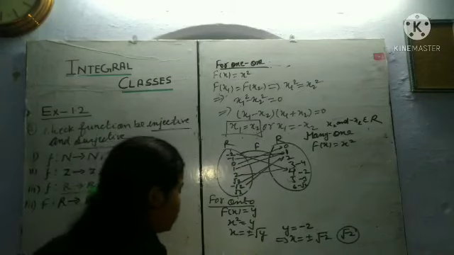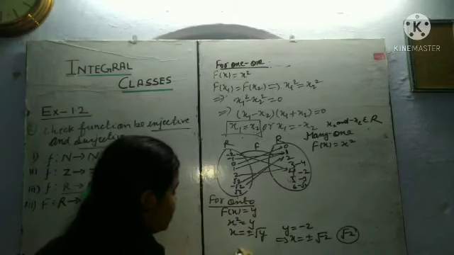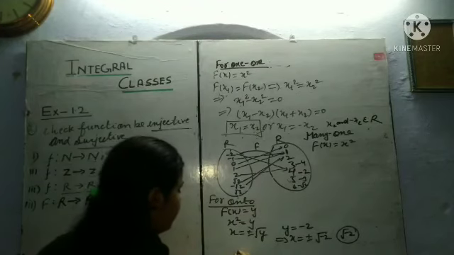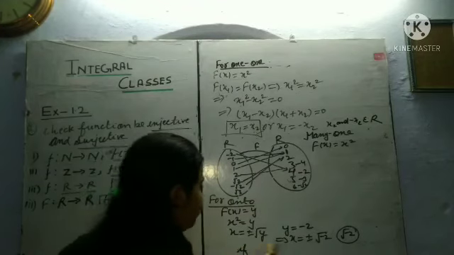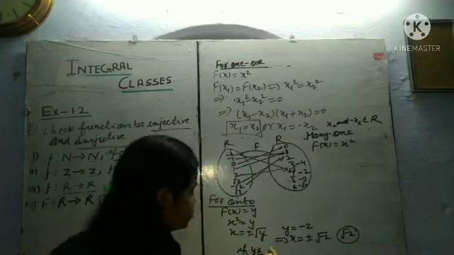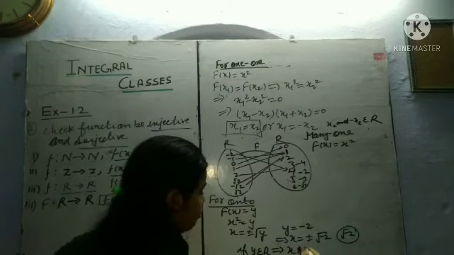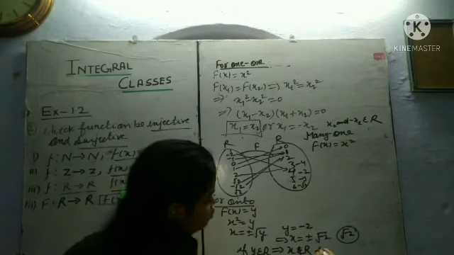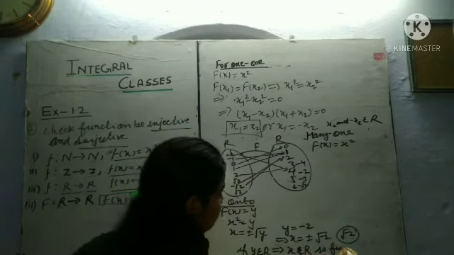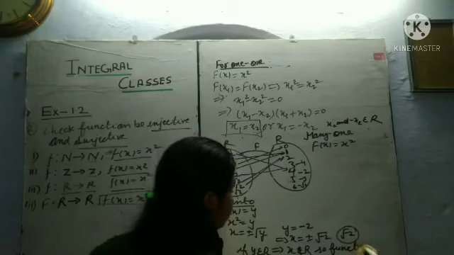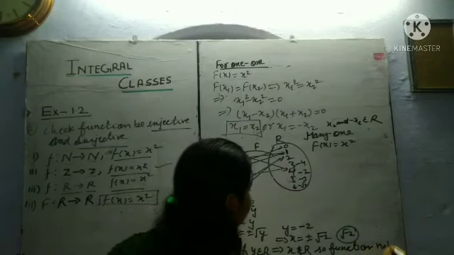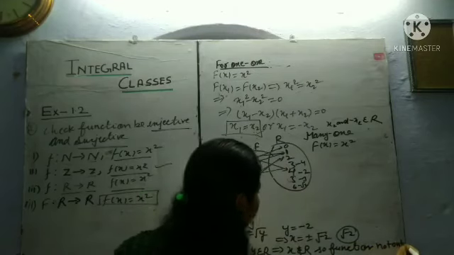So student, we will write here: if y belongs to R, then x does not belong to R. So the function is not onto.